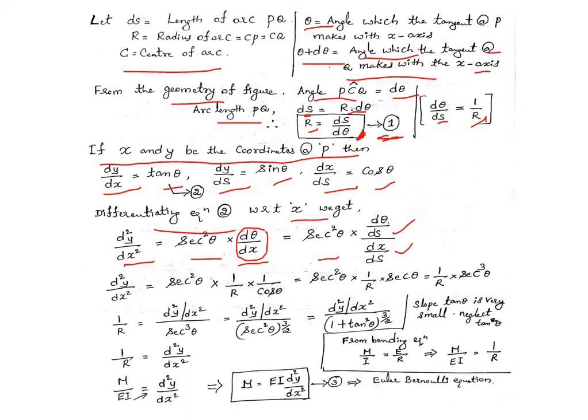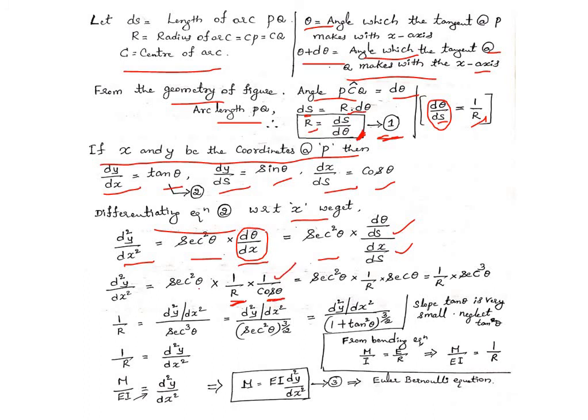Then we get d theta by ds divided by dx by ds. D theta by ds is nothing but 1 by r, and dx by ds is nothing but cos theta.